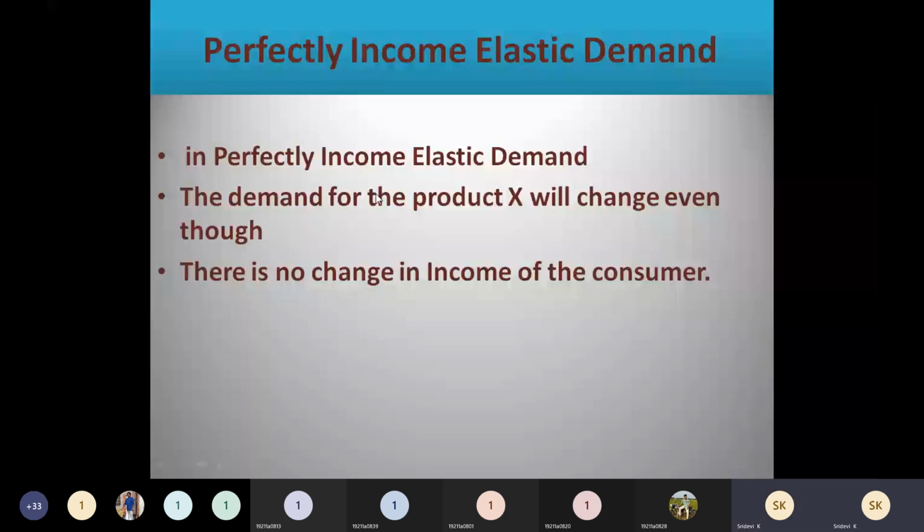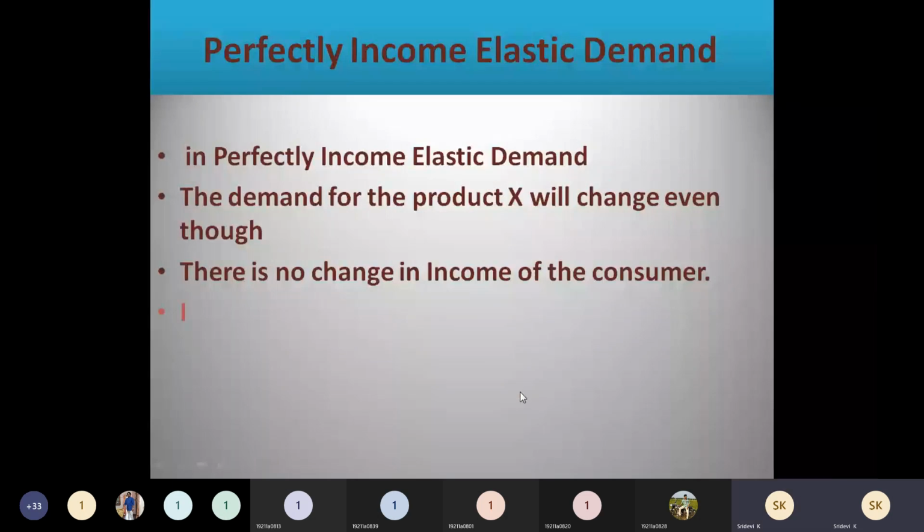So it is represented by EI is equal to infinity. The graph you are going to draw in the same manner: x-axis, y-axis, origin.